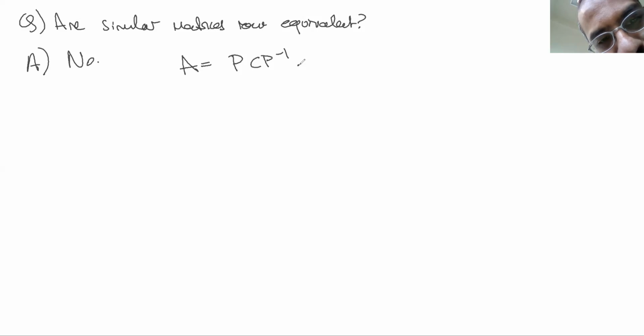So I encourage you to find an example of this. It's not very hard. You can even find an example where X is in the null space of A, but not in the null space of C, for example. You can try to do that.